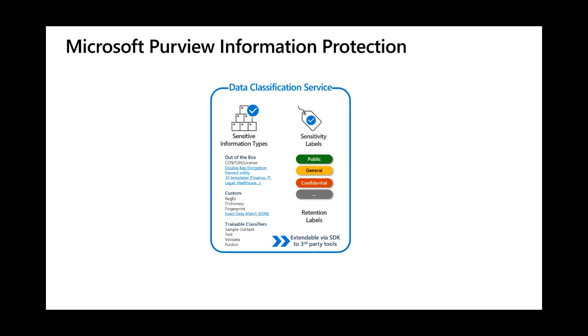And once published, the trainable classifier will identify the sensitive information types, just like the out-of-the-box or custom types. And from time to time, you might need to retrain as your proprietary information evolves. Again, all of these are a foundational part of our information protection platform, our data classification engine.